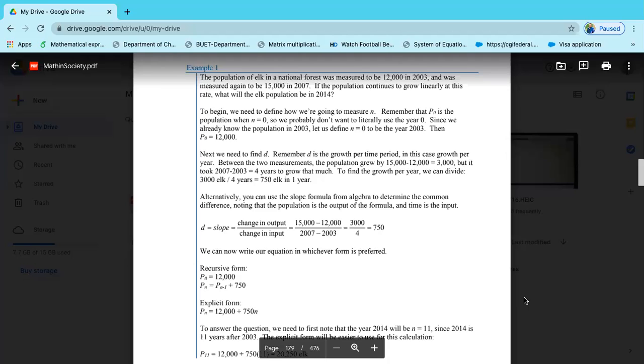Okay, so the last time we were discussing example 1, and we wanted to see what can we do if we are given a question like this, where the population was given for the year 2003 and 2007.